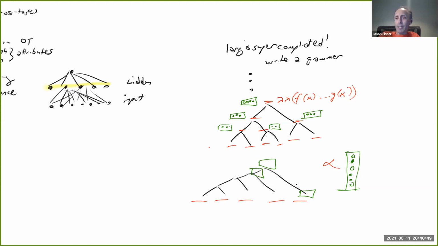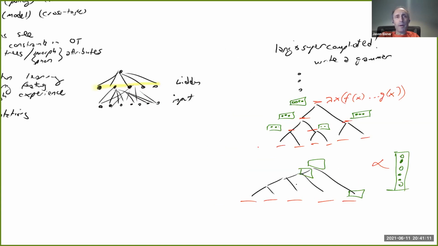So that's sort of the magic that allows us to get a lot of the non-determinism of our models, just to say that the non-determinism is being encapsulated in the vectors that are encoding observed structures. They're not sure about what they're looking at, but they're representing all the possibilities.